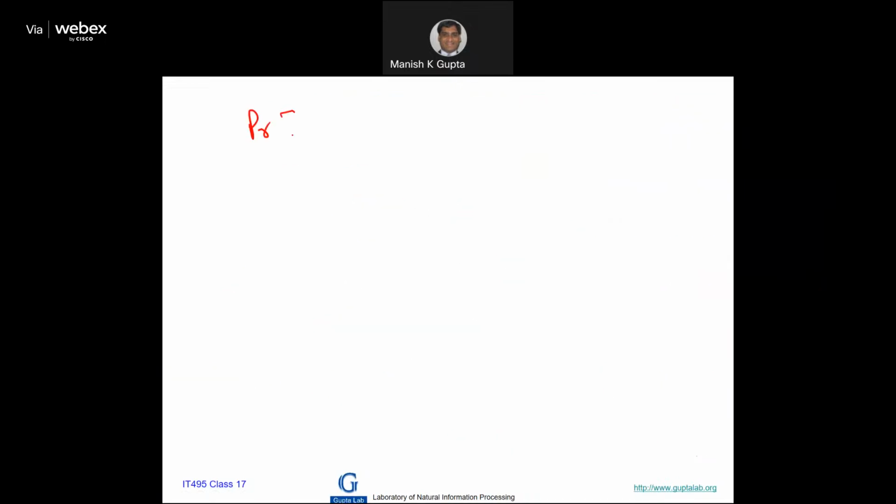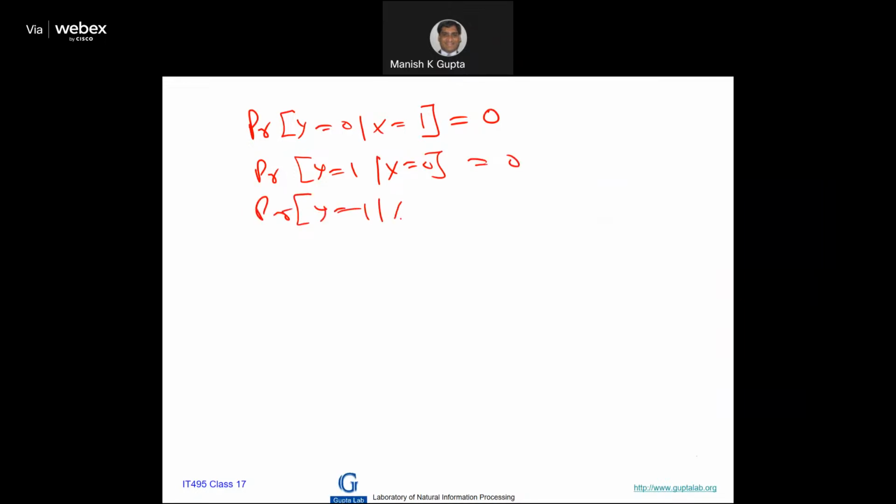What is the probability that Y is equal to 0 and X is equal to 1? This is interesting. Do you know? Flipping is not allowed, so this probability is actually 0. The probability of Y is 1 and X is 0 is also 0. The probability of Y is 1 and X is 1 is 1 minus PE.